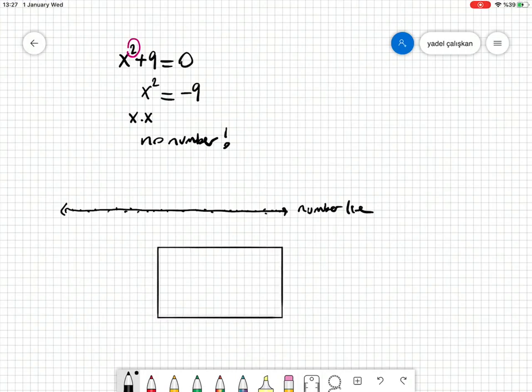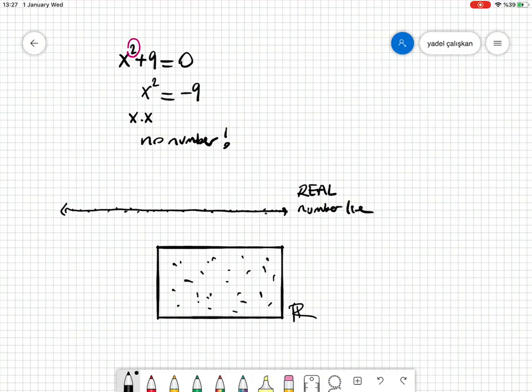If you take these points as a set, there are infinitely many numbers, and all of them are real numbers. So we can say the number line has another name, the real number line.